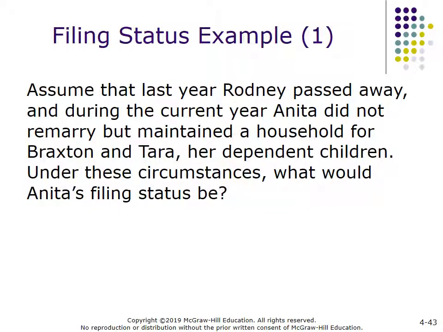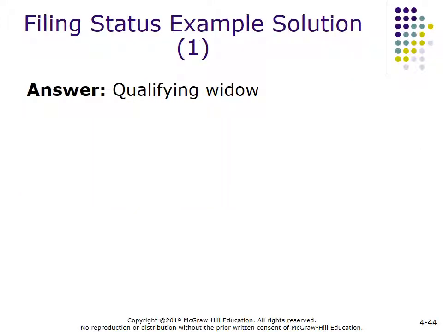Assume last year Rodney passed away, and during the year Anita did not remarry but maintained a household for Braxton and Tara, her dependent children. What would Anita's filing status be? Well, last year she would have been married filing jointly with Rodney even though he passed away. And it doesn't matter when he passed away during the year. In the year of death, you're still allowed to do married filing jointly.